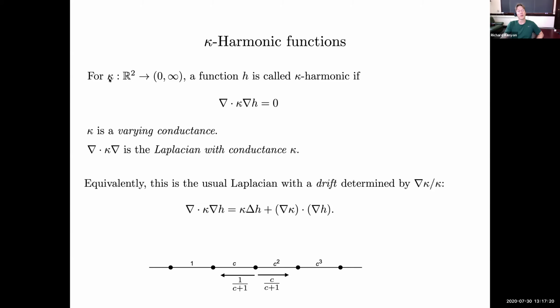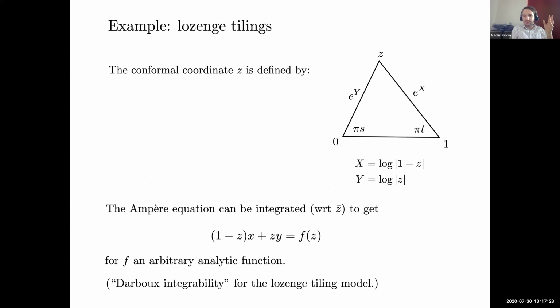So Rick, before you go further, there's a couple of questions in the chat about this function f of z, I think. Whether it depends on the boundary values? Oh yeah, of course. That's something we can certainly try to address, right? What I said is you take an arbitrary analytic function and you get a solution.